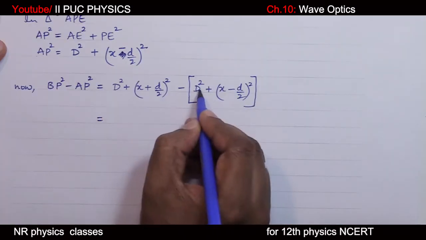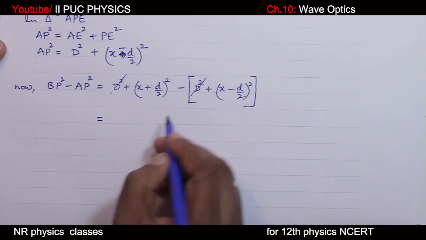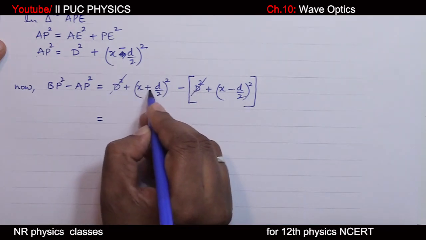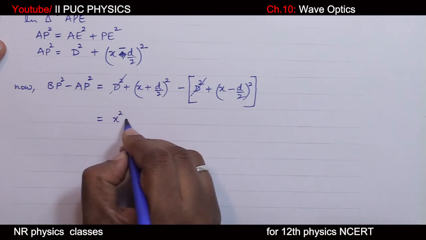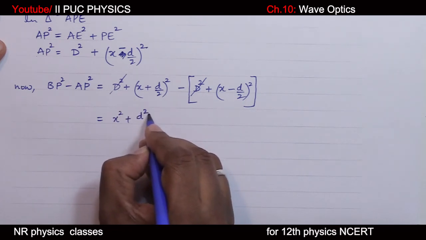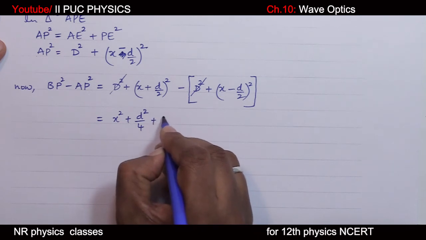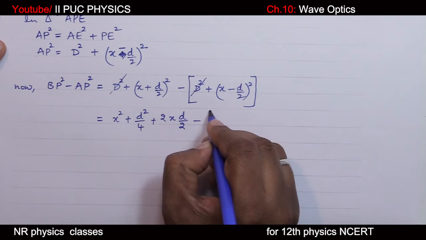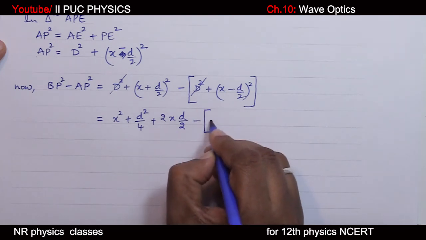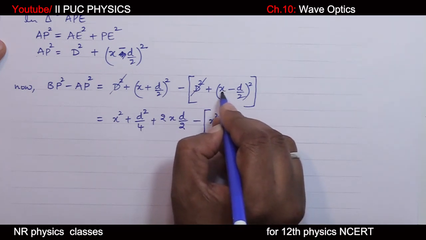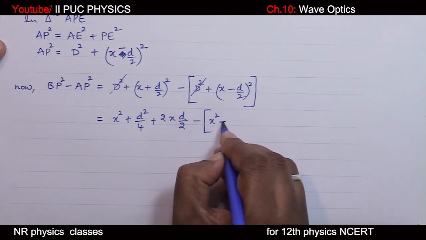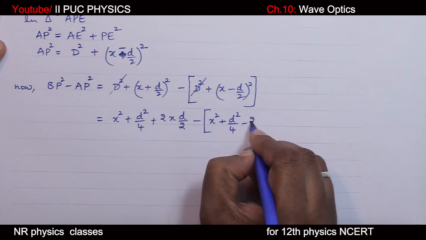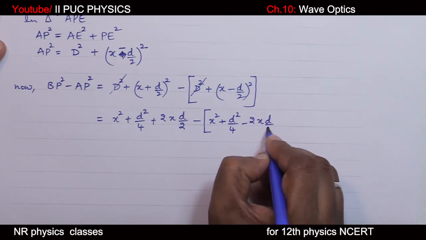D square gets cancelled. Let me expand this. It is of the form (a plus b) whole square: x square plus d square by 4 plus 2x d by 2, minus x square, this is of the form (a minus b) whole square, plus d square by 4 minus 2x d by 2.